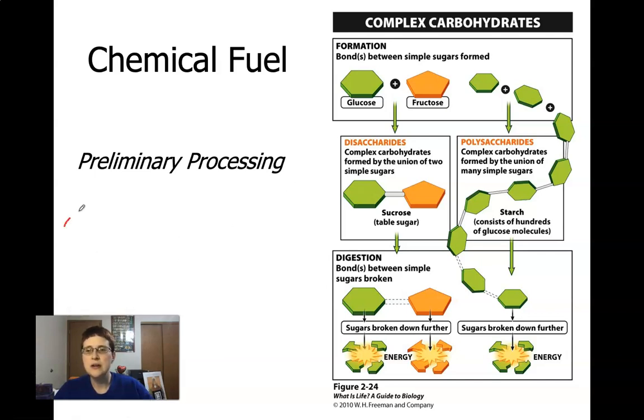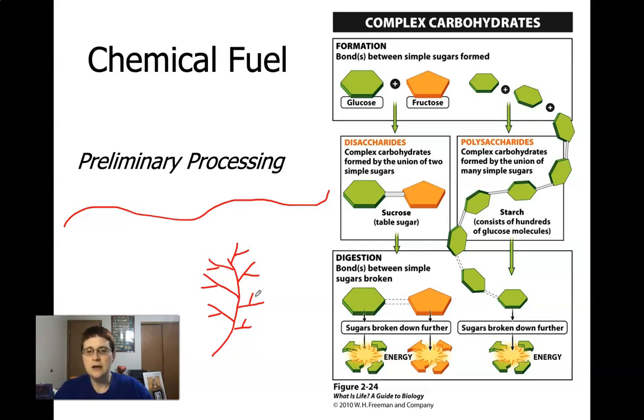So starch is a big long string which takes time for your body to chop up. But glycogen is branched. So your body is taking these starch molecules and reorganizing it into this guy, because this is a lot easier for your body to get energy off of, because it can take glucose off of each branch tip at the same time.